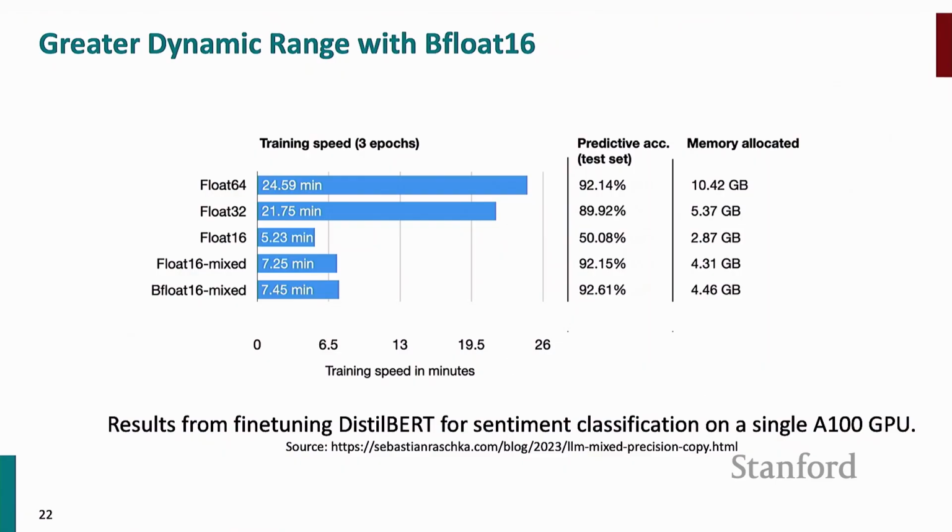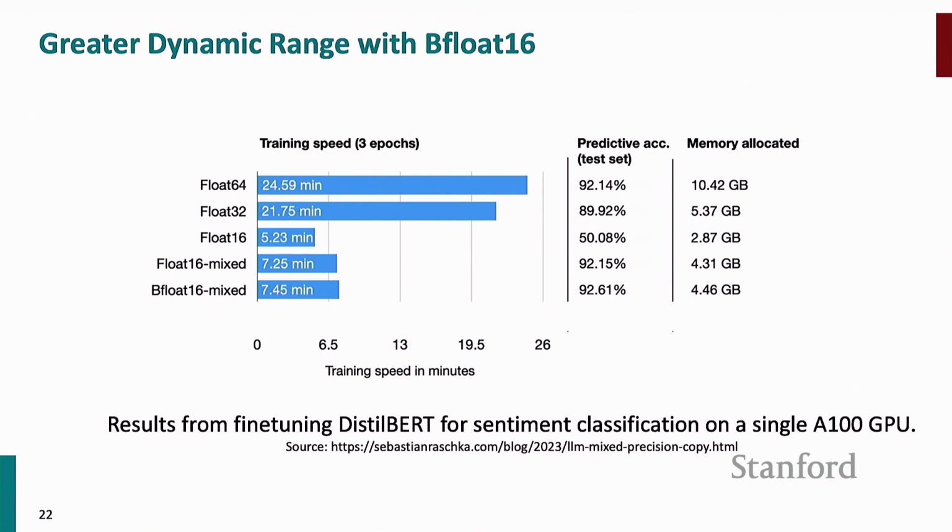So here are some results. Someone fine-tuned DistilBERT for sentiment classification on a single A100. At the very top is float 64, which is a really rich 64-bit representation of floating points. It takes about 25 minutes, and you get a pretty high accuracy, but it also takes a lot more memory, okay?